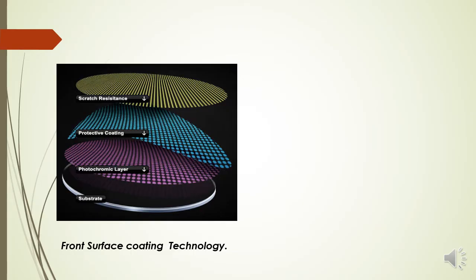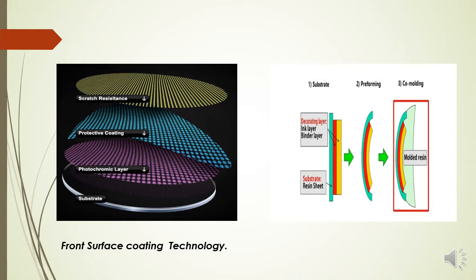The photochromic layer is first applied over the lens substrate, then a protective hard coating is applied over it, and finally a scratch coating is applied over the final layer. Only the front layer acts as the UV protector which changes its color whenever light is incident onto it. This is the front surface coating technology, which is commonly used by Transitions.